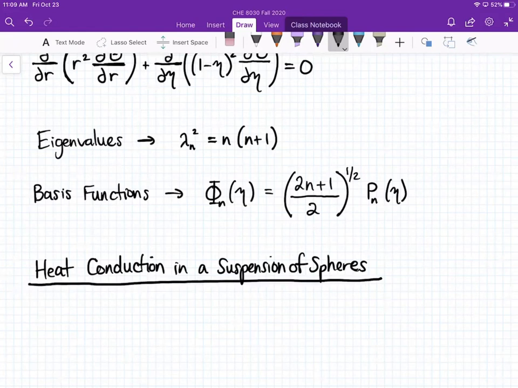And if you want to follow along in Dean, this is example problem 5.8-2.